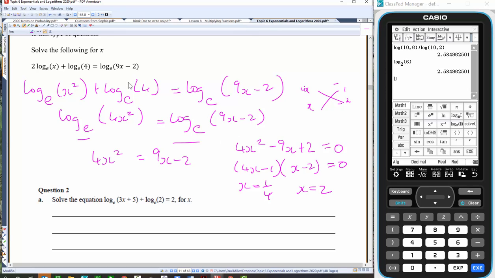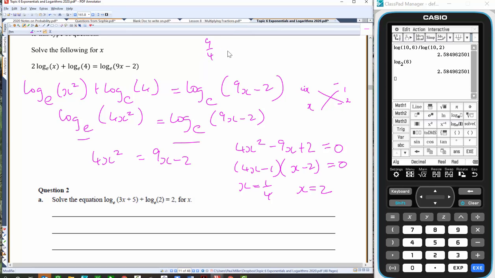Again, really important that we test these solutions. So this one here is going to be a quarter, can log that, that we don't worry about. This one here is going to be 9 lots of a quarter, which is 9 on 4.